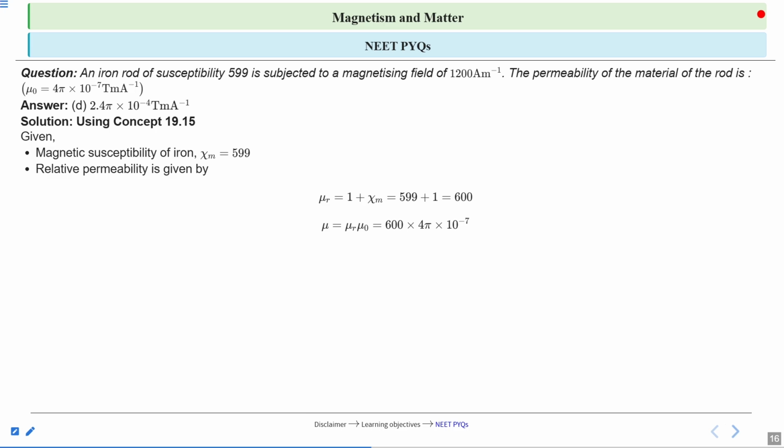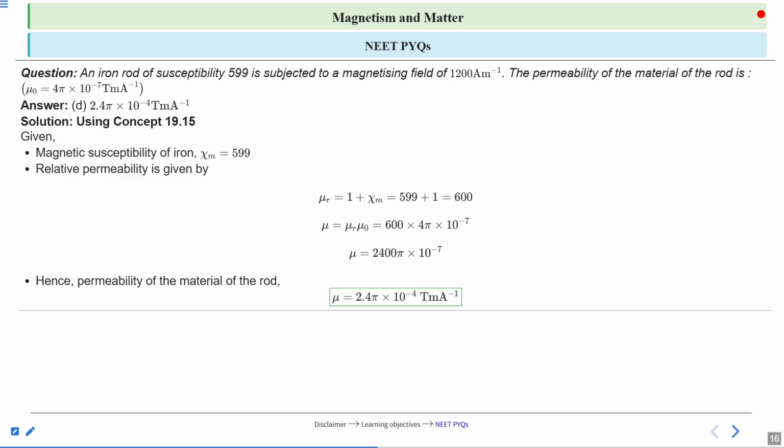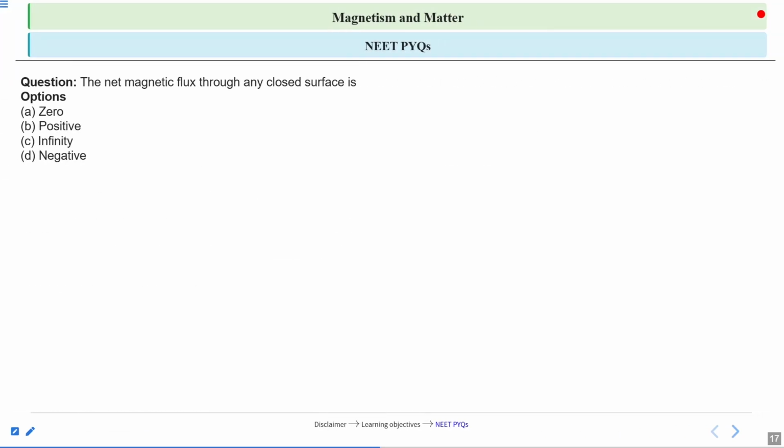So mu is equal to mu r mu naught, which is 600 into 4 pi into 10 to the power minus 7. After solving, mu is equal to 2400 pi into 10 to the power minus 7. Hence the permeability of the rod is 2.4 pi into 10 to the power minus 4 Tesla meter per ampere. Okay, so next question.